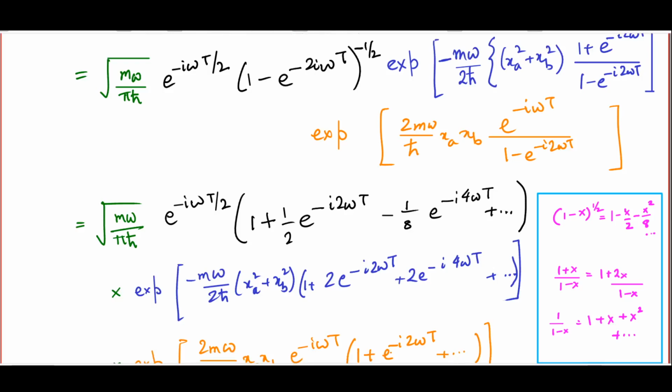For example, (1 minus e to the minus 2i omega t) to the power minus half can be expanded in terms of the binomial expansion with fractional index minus half, as here.